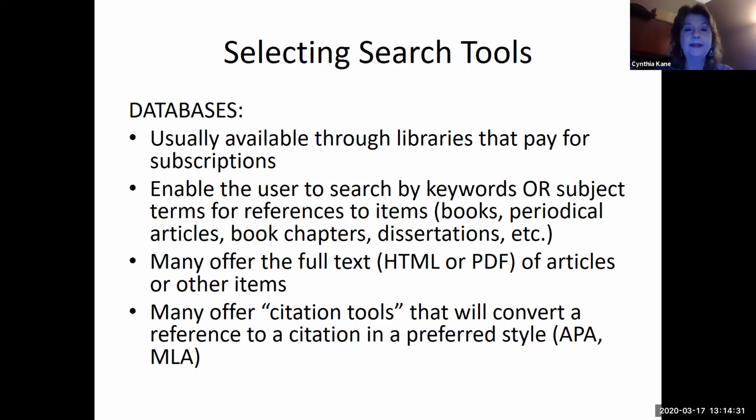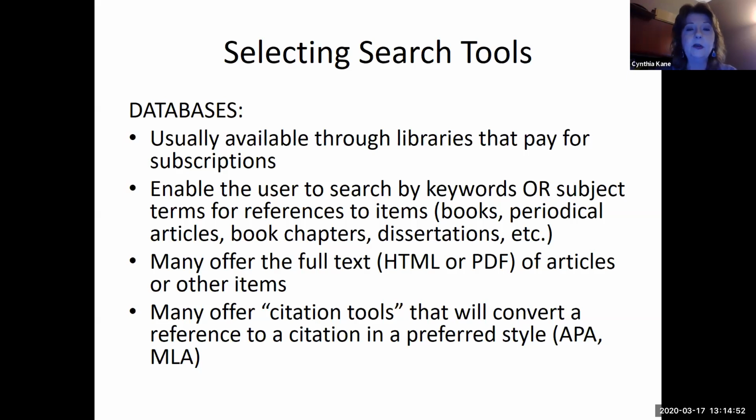So for example, some of you might be majoring in psychology. PsycInfo is the name of a database that our library has that deals very specifically with articles, books, book chapters, and other resources that relate to psychology and related disciplines. Some of you might be nursing or pre-nursing majors.